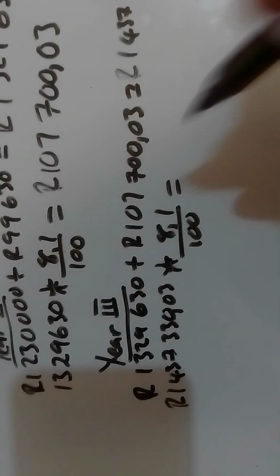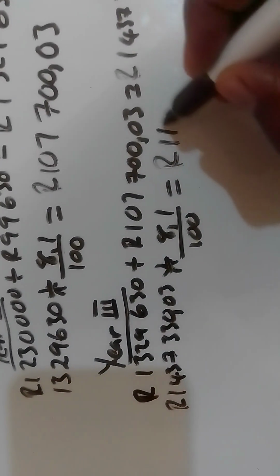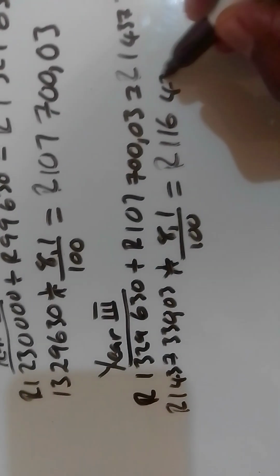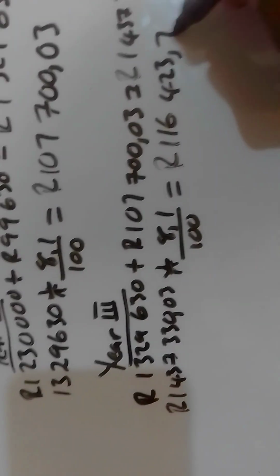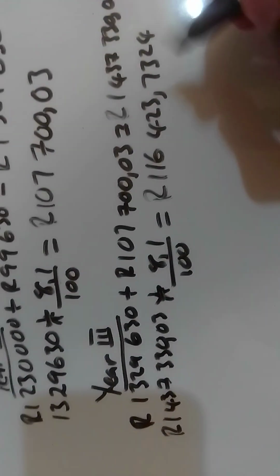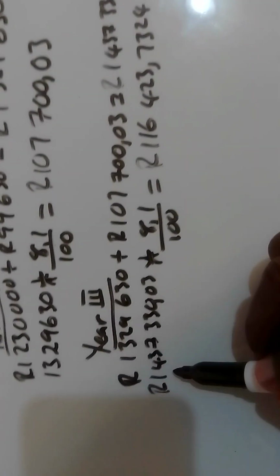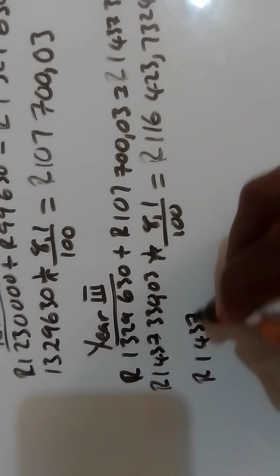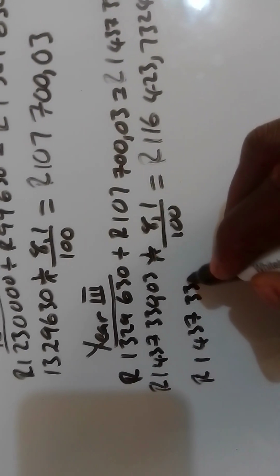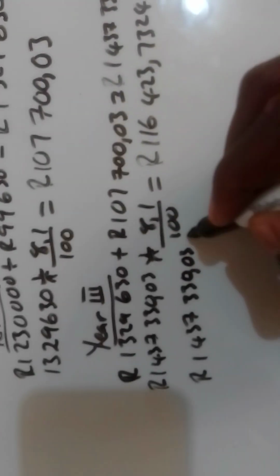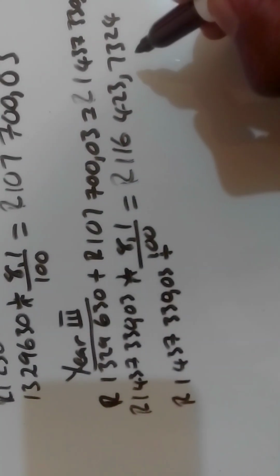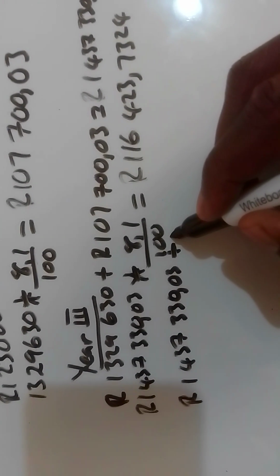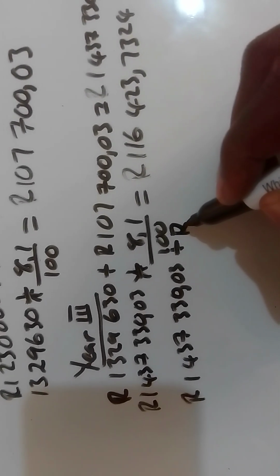The interest is 116,423.7324, like that. Now we take this 1,437,330 rands 3 cents plus 116,000, the interest in the final.